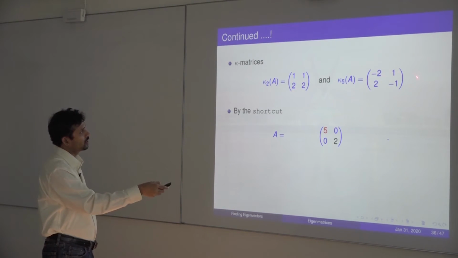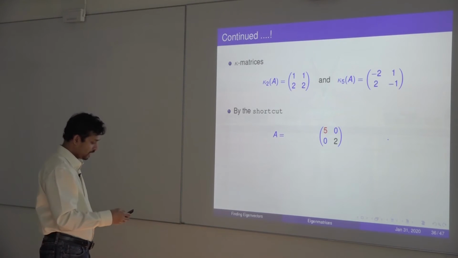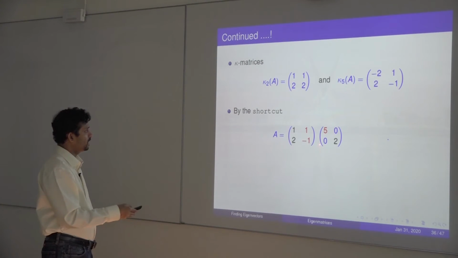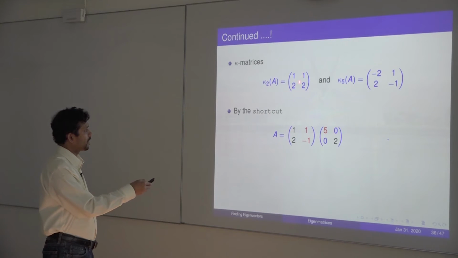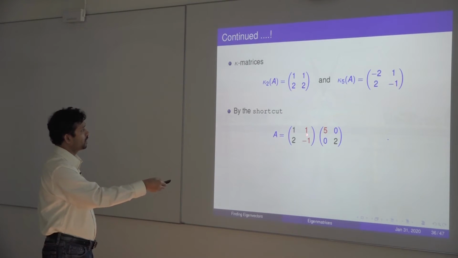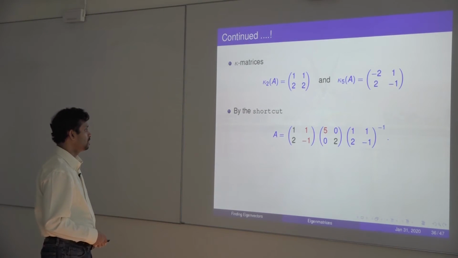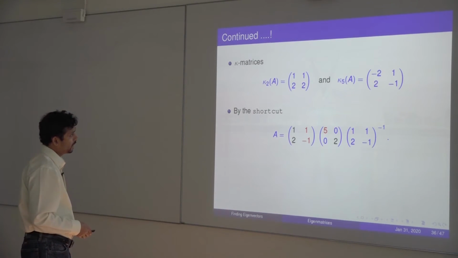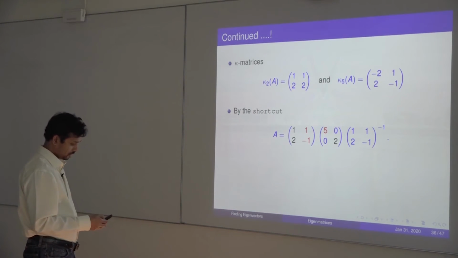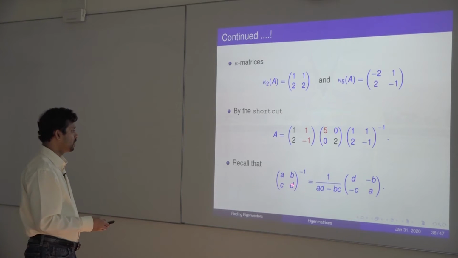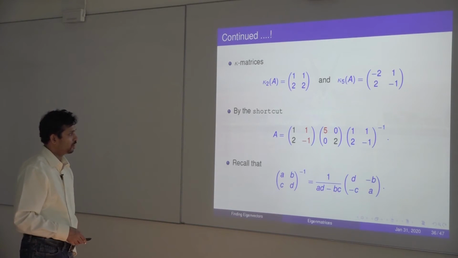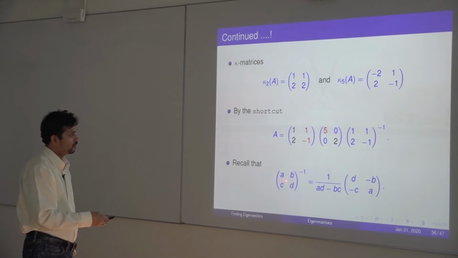Here you see they are the same, but here they are different, but it doesn't matter, just pick anything. For example, you can switch the order and put it there. So the eigenvectors of 5 go here, coming from here, and the eigenvectors of 2 come from there, and then you multiply by the inverse of that. So this is the diagonalization of A, and you can see it's diagonalizable. And then we use this common result for 2 by 2 inverses.